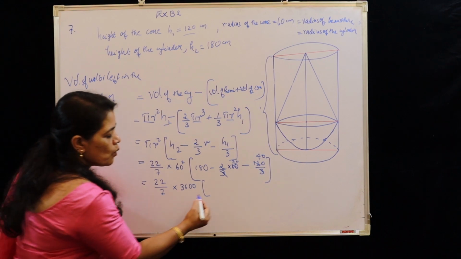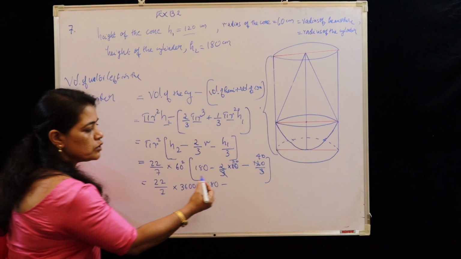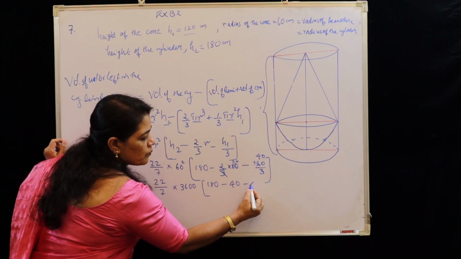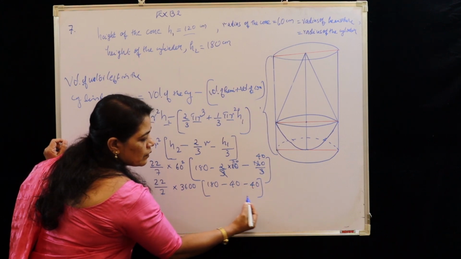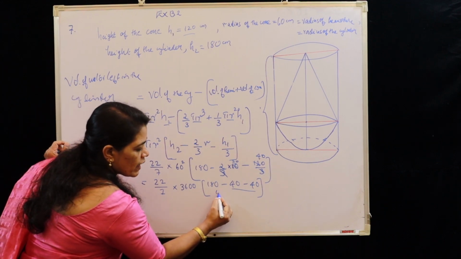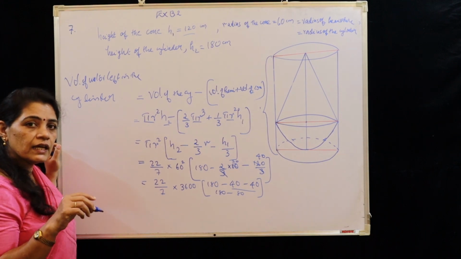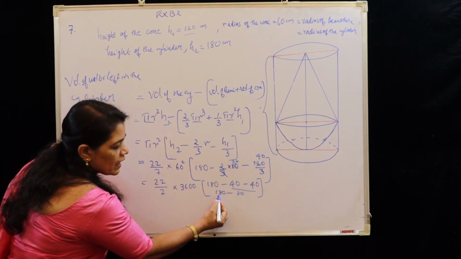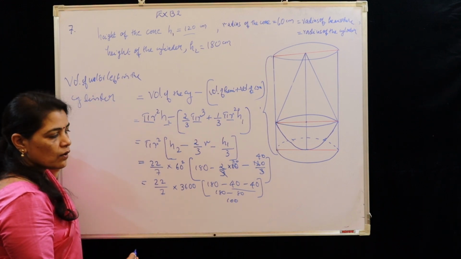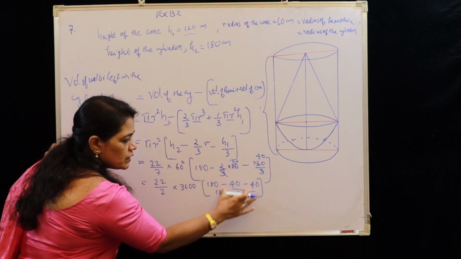In the bracket, 180 has no change, and here we reduced already, so 2 into 20 is 40, and here again we reduced, so we got minus 40. These two negative 40s come together, minus 80. So 180 minus 80 is 100. Clear, children? That is the number we got after substituting and reducing.